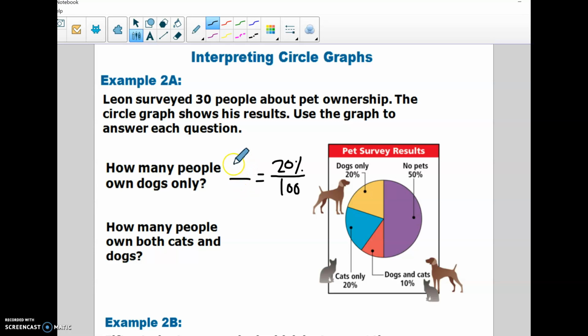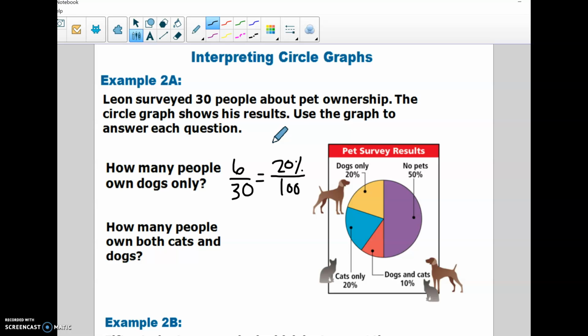We're trying to find what part owned dogs out of the whole, and the whole was 30 people that he surveyed. Then we cross multiply, so you multiply 30 times 20 and then divide by 100 to figure out what part of the people own dogs only. If I multiply this times this and divide by 100, I would get 6.